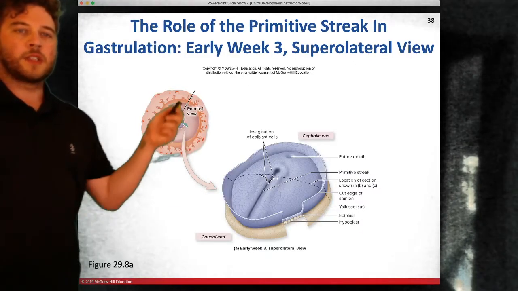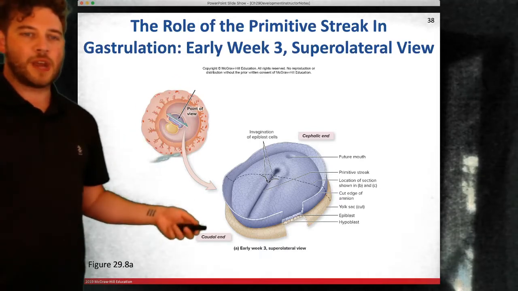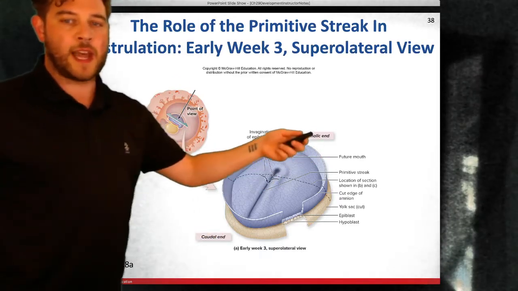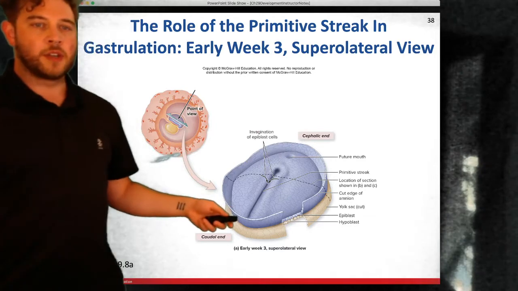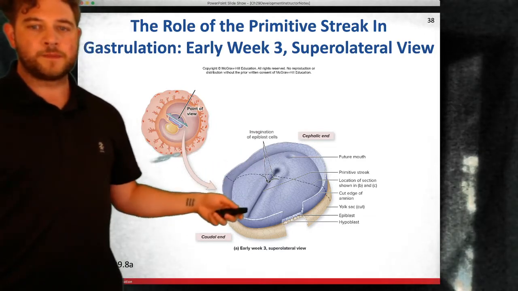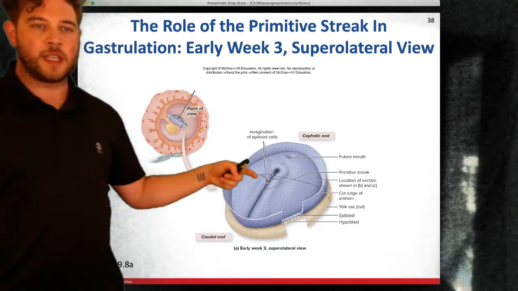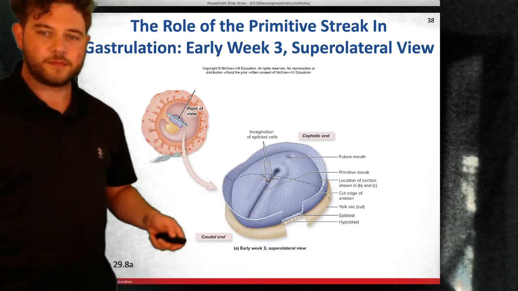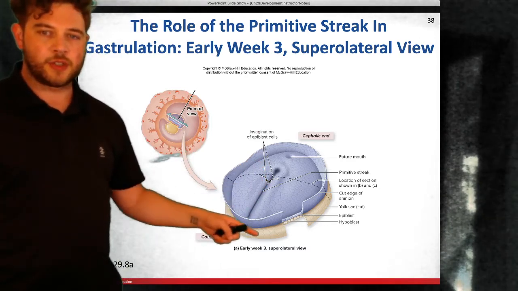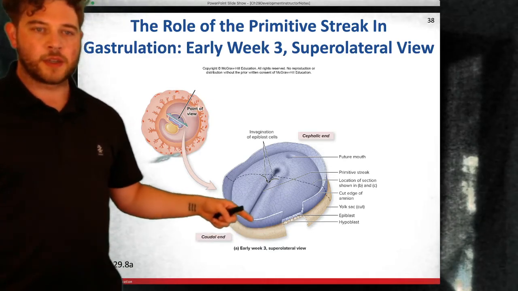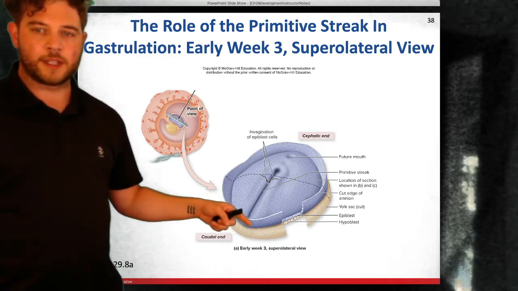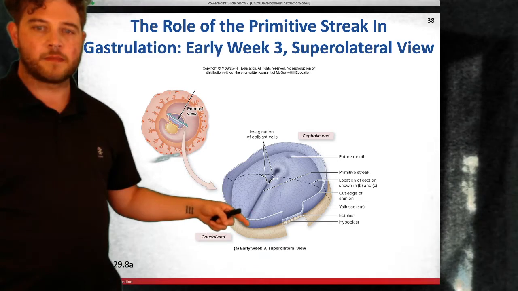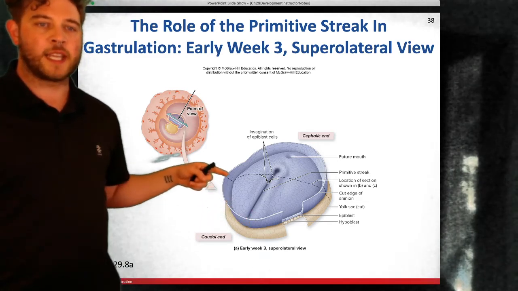Okay, so this is early week 3. You can see you have your caudal, which is your tail end, your cephalic end up here along the primitive streak. In the middle, you have cells that are going to be going in and between these layers. So there is your yolk sac. They label this as the amnion.